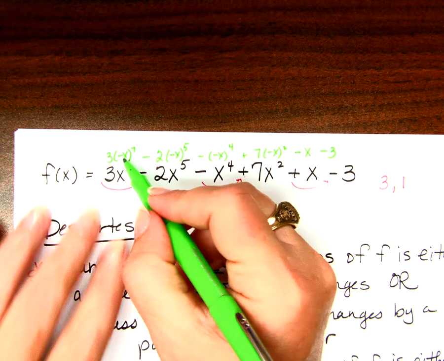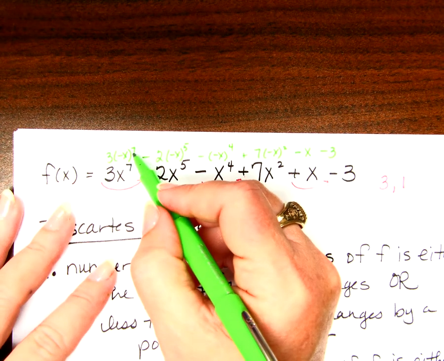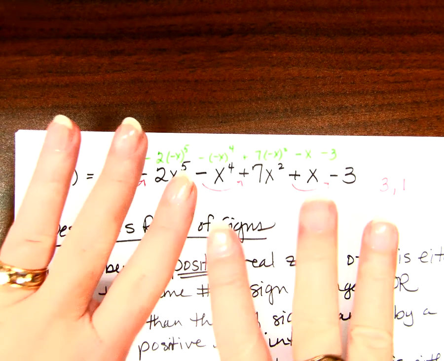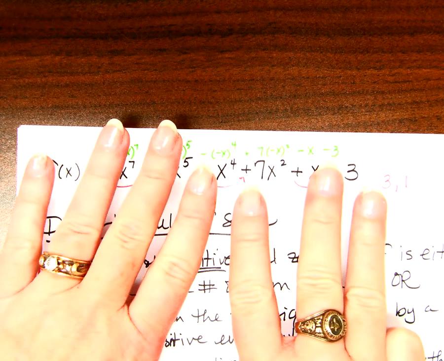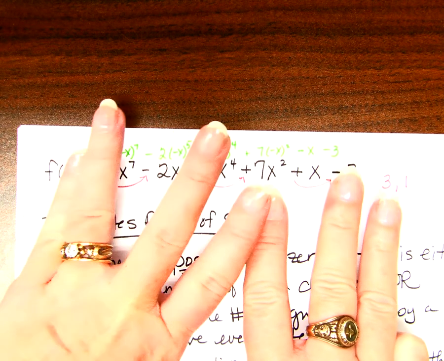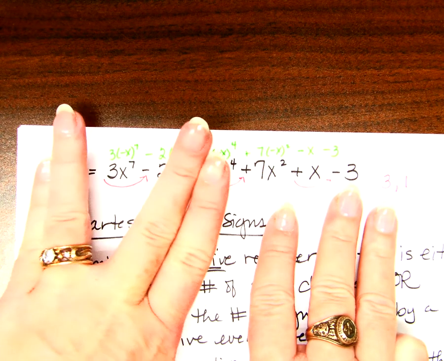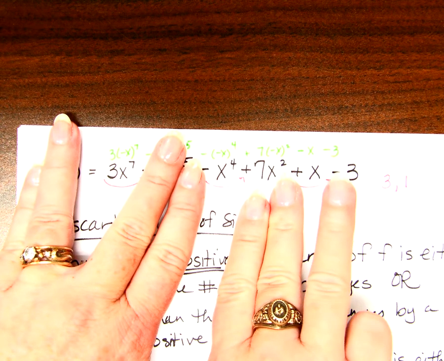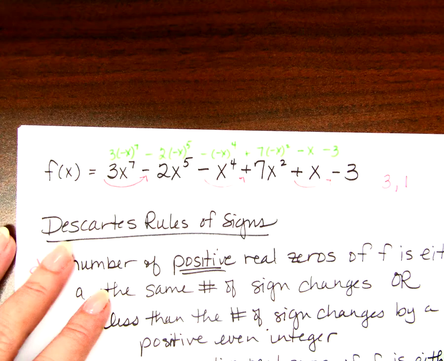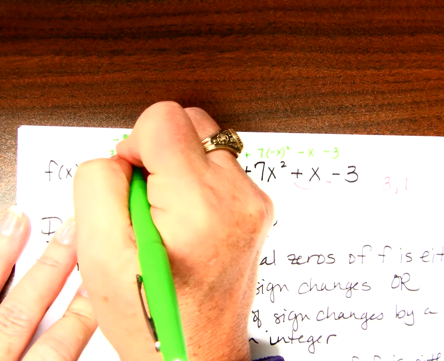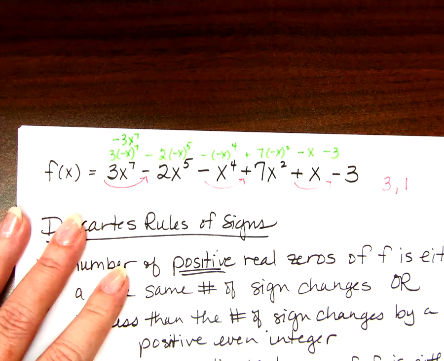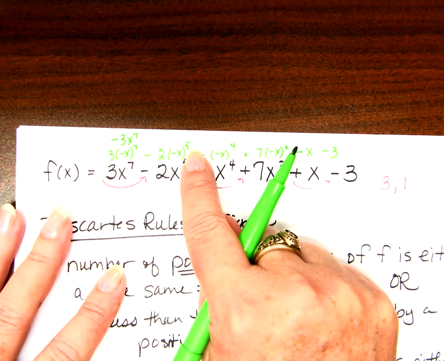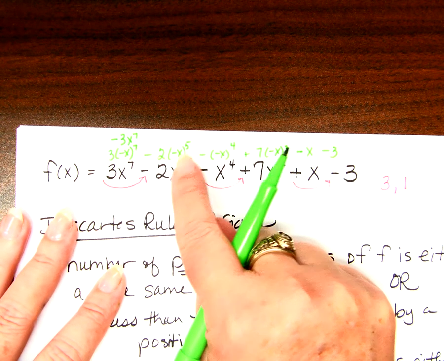Guys, what happens if I raise a negative x to an odd power? I've got 7 negative x's. Well, those two are going to make a positive, those two are going to make a positive, those two are going to make a positive. What am I left with? A negative x, right? So this is going to become a negative 3x to the 7th. What happens when I raise it to an odd power? It changes the sign.